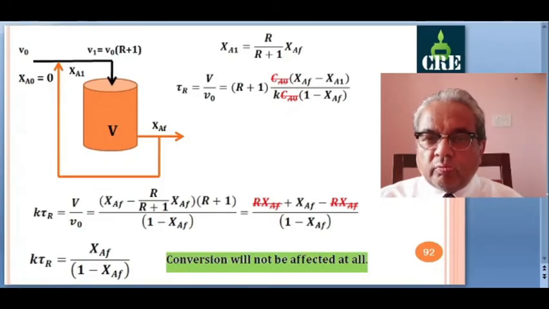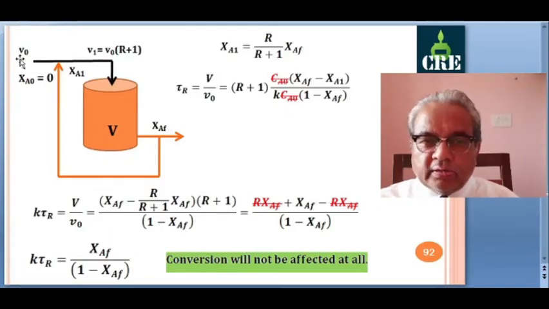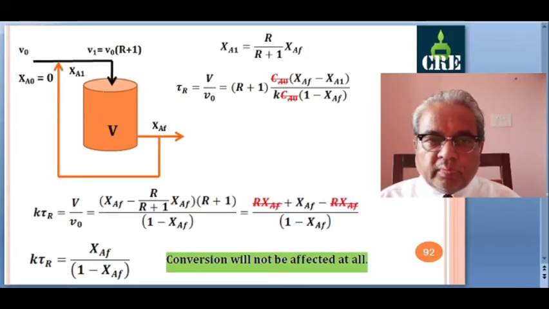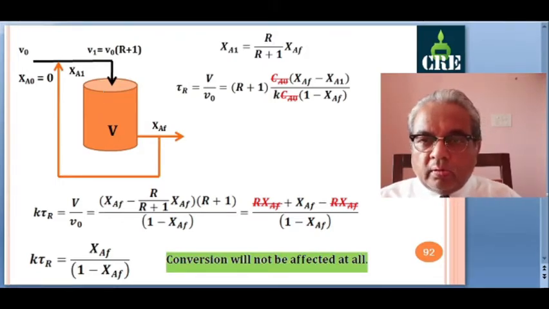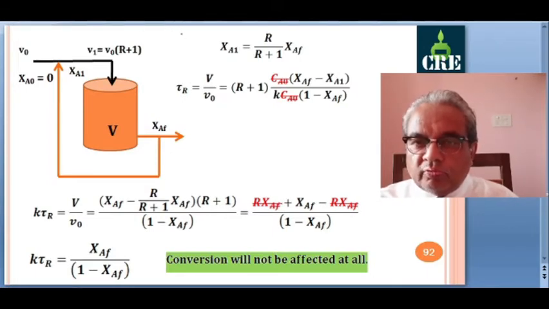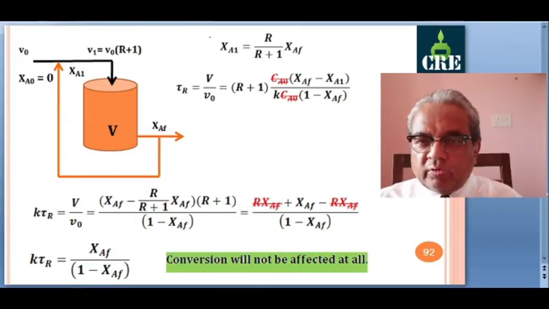Now we want to introduce the recycle stream to this mixed flow reactor. So we know from the material balance around the recycle reactor, this XA1 is R by R plus 1 into XAF. This we have seen earlier. Now this stream is recycled, so XA1 is calculated from this recycle ratio.